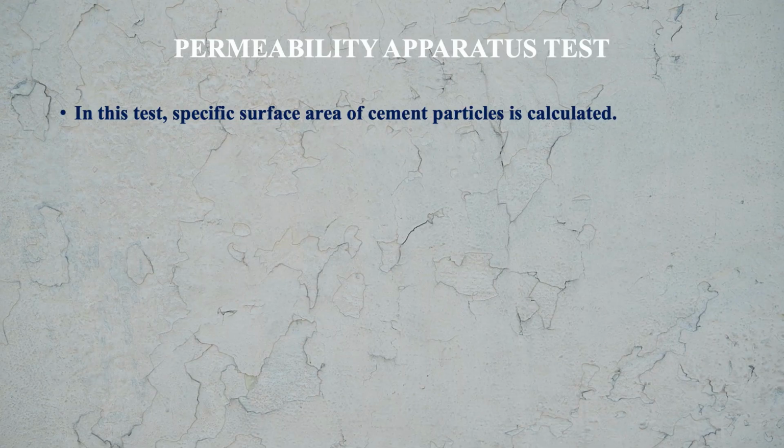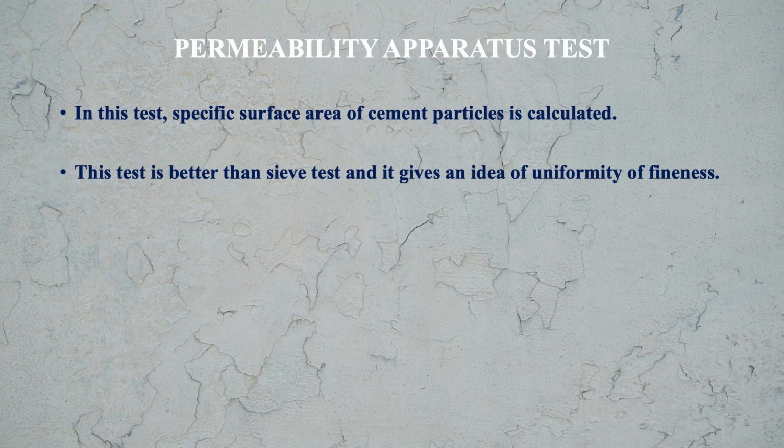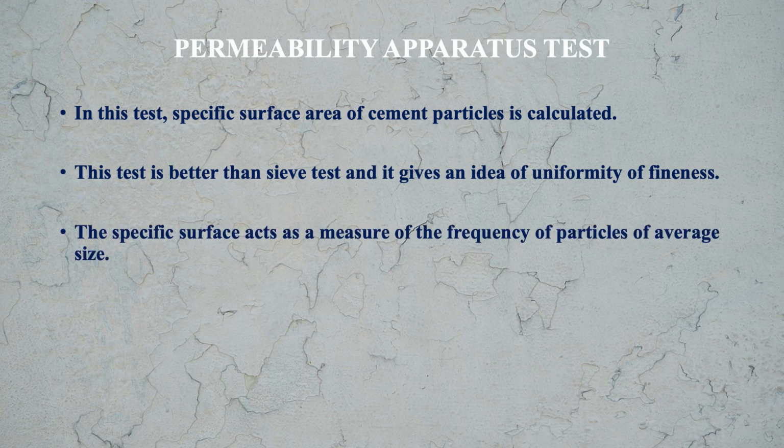Now, permeability apparatus test. In this test, the specific surface area of cement particles is calculated. This test is better than sieve test and it gives an idea of uniformity of fineness. The specific surface acts as a measure of the frequency of particles of average size.